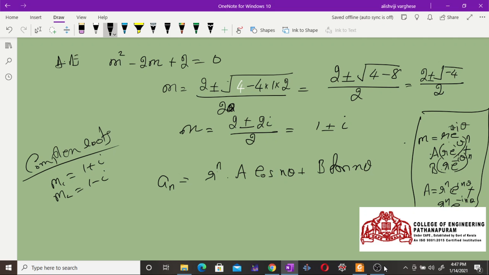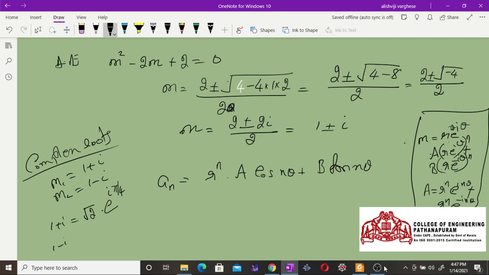And if you observe this particular case, 1 plus i can be represented in polar form. The modulus of 1 plus i is root 2, that is the square root of 1 squared plus 1 squared, into e raised to i theta. The angle here is pi by 4.